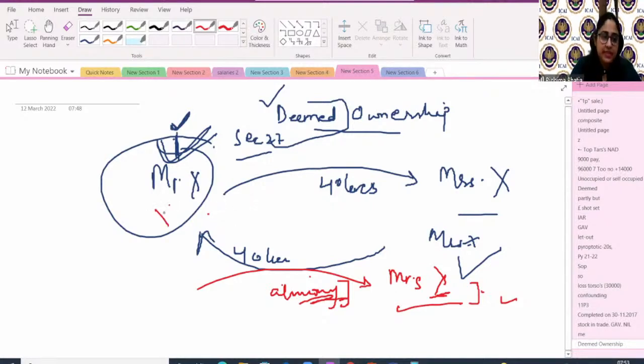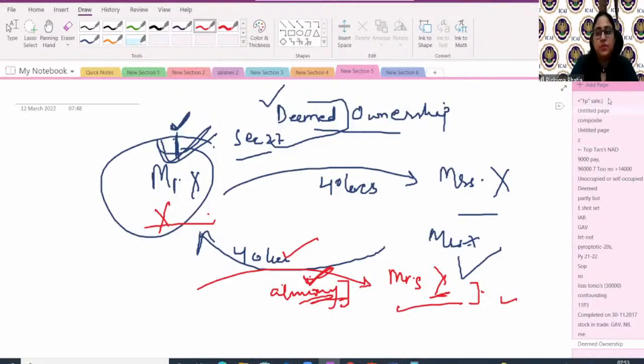So Mr. X in the typical case would only be the deemed owner when he has transferred the property without adequate consideration and without an agreement to live apart. Otherwise, Mrs. X would be the owner. It's a simple case, in genuine scenarios it would not be deemed ownership. But if it's just to avoid tax liability, to shift tax liability, then the actual transferor would be the owner.